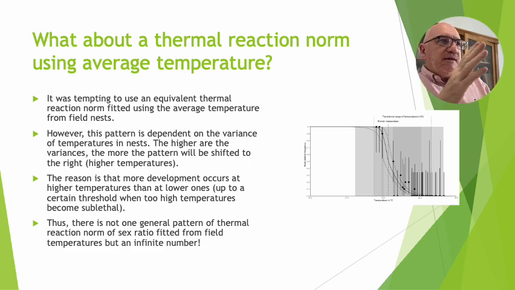The higher the variance of temperatures, the more the pattern will be shifted to the right toward higher temperatures. The reason, again, is that more development occurs at higher temperatures than at lower temperatures, up to a certain threshold, when too high temperatures become sublethal. We will see this in the next video.